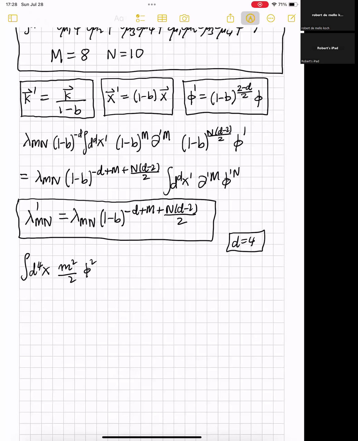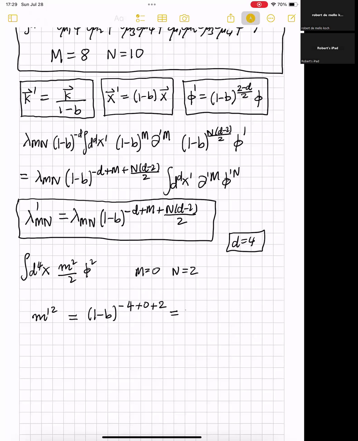And so what is this coupling going to be? Well, for this coupling, m is equal to 0 and n is equal to 2. There are no derivatives, but there are 2 fields. So the coupling prime, m prime squared, I could call it lambda_02, will be equal to (1 minus b), then we've got d is 4, so that's minus 4. Then plus m, that's plus 0, and then plus 2 times (4 minus 2) over 2, 4 minus 2 is 2.